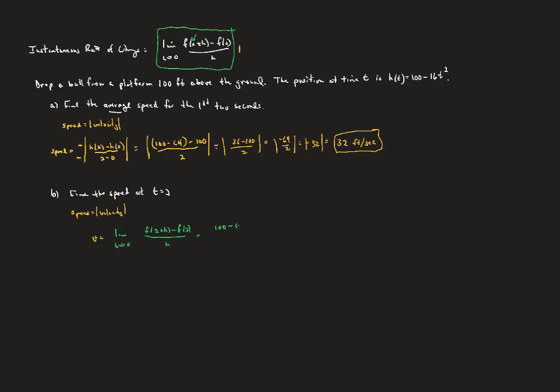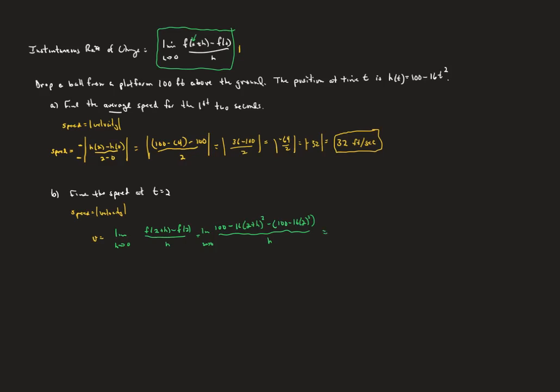So that is going to be 100 minus 16 times 2 plus h squared, minus the 100 minus 16 times 2 squared, all over h, and we're going to take that limit as h goes to 0.